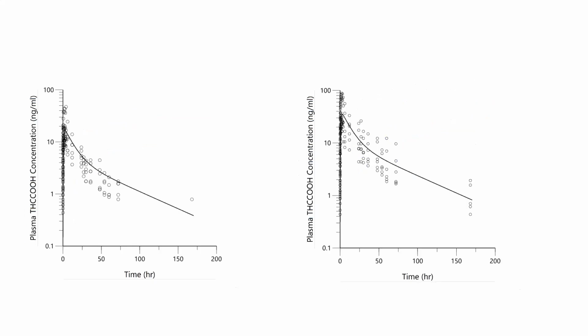For fun, we took the typical values of the plasma carboxy-THC model, which was determined completely from the urine data, and just put it up against the actual plasma carboxy-THC concentrations from the plasma study that we published previously.